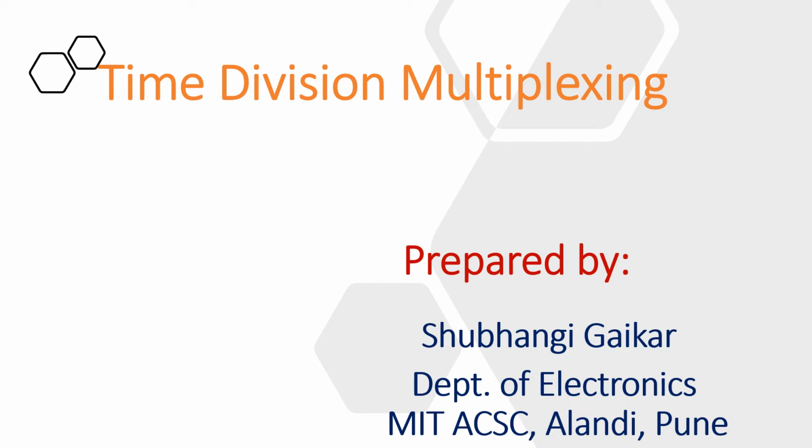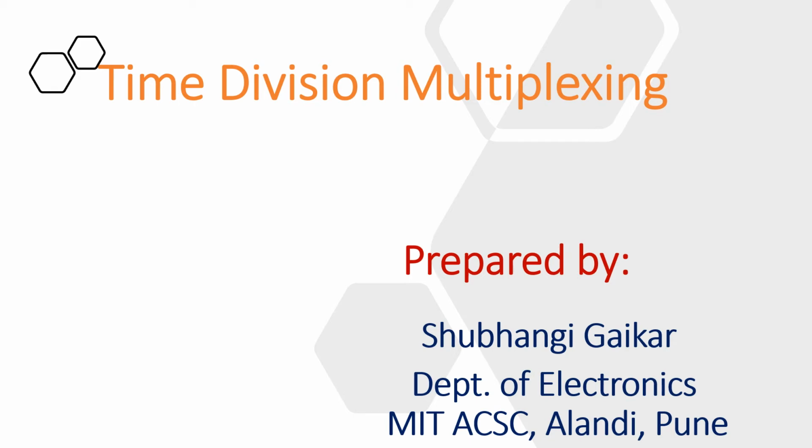Suppose we want to transmit 3 messages like A, B and C coming from 3 different users. Message A is transmitted first, followed in time by message B and then message C. In this technique, all the 3 messages are divided into small parts called packets, and these packets are of equal lengths.